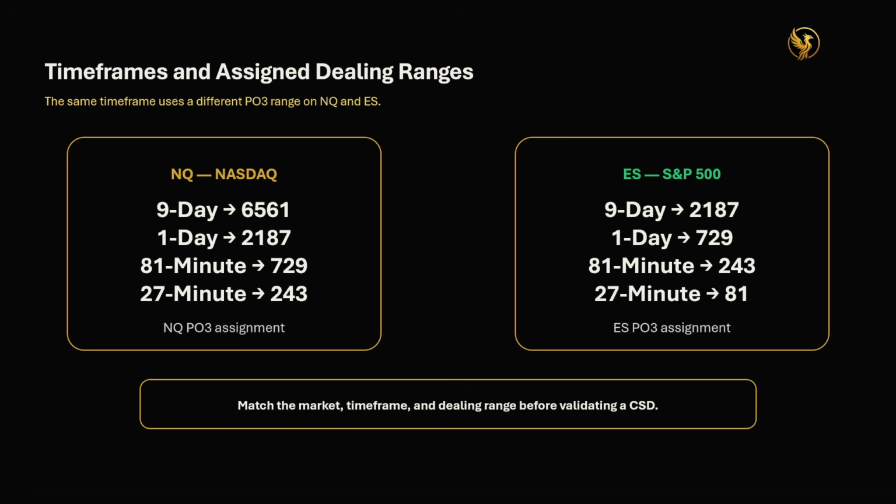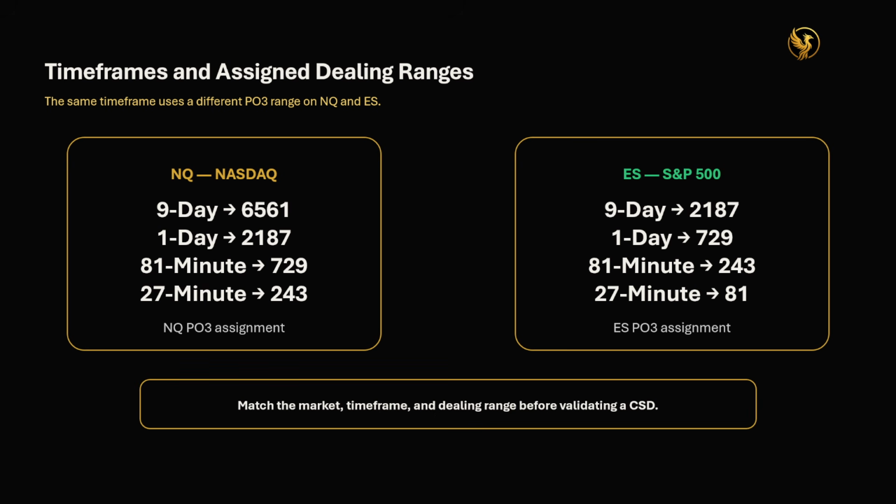So here we have the time frames and the assigned dealing range to each time frame. The same time frames use a different power of 3 range on NQ and ES, meaning that on NASDAQ, these are the time frames that we're paying attention to, and these are the time frames that we're paying attention to on ES.